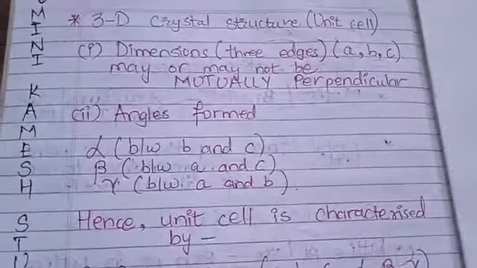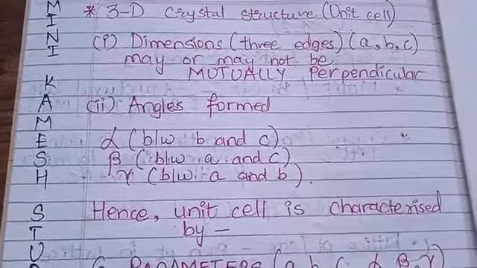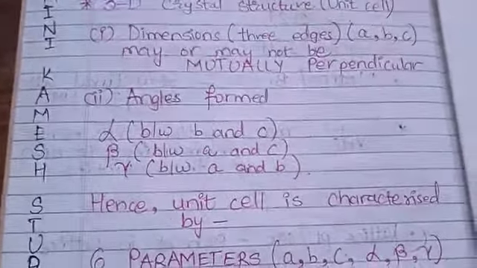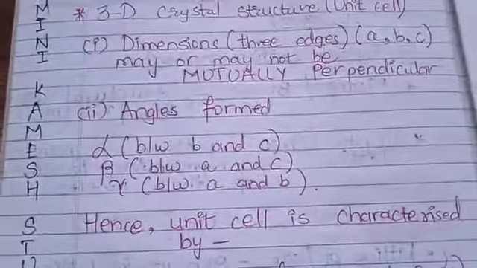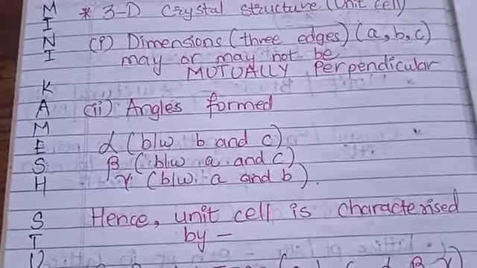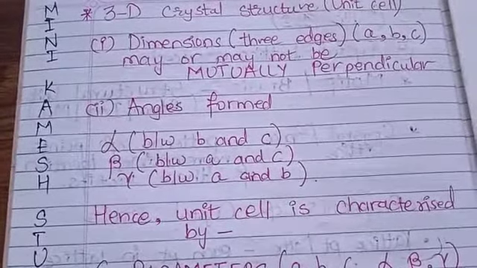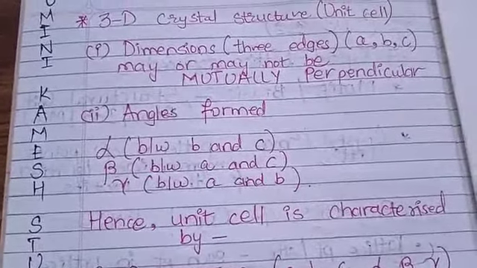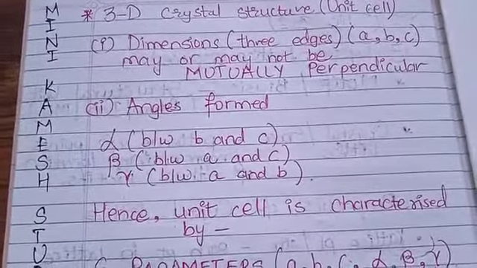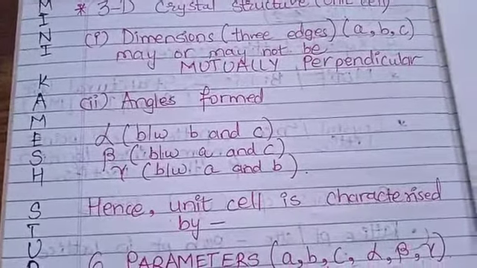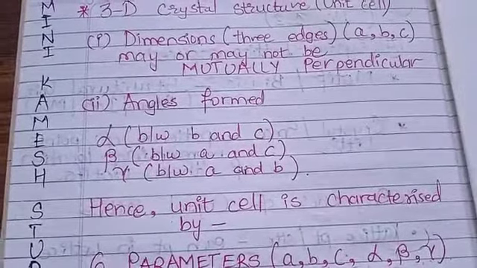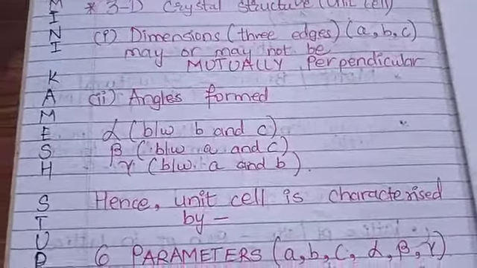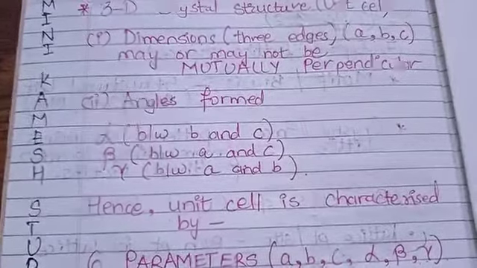The first is dimensions, that is my three edges. These three edges are small a, small b and small c, which are called my dimensions, or you can say my edges. These dimensions may or may not be mutually perpendicular. They can or cannot be perpendicular.